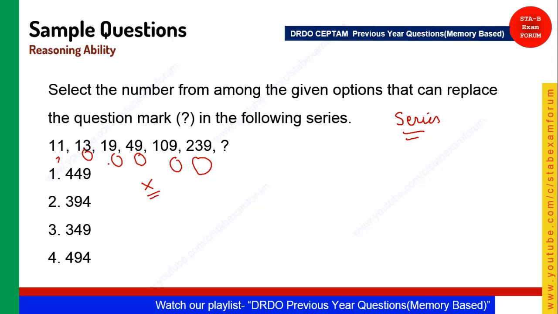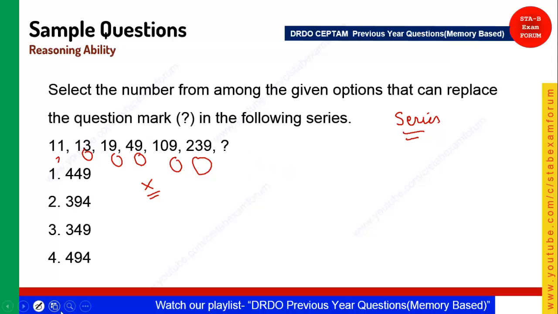But this question is not straightforward, student. I know in competitive exams this question can come, and if you are not able to find the answer, you can skip this question, because it has two operations. Let's see how we get it.